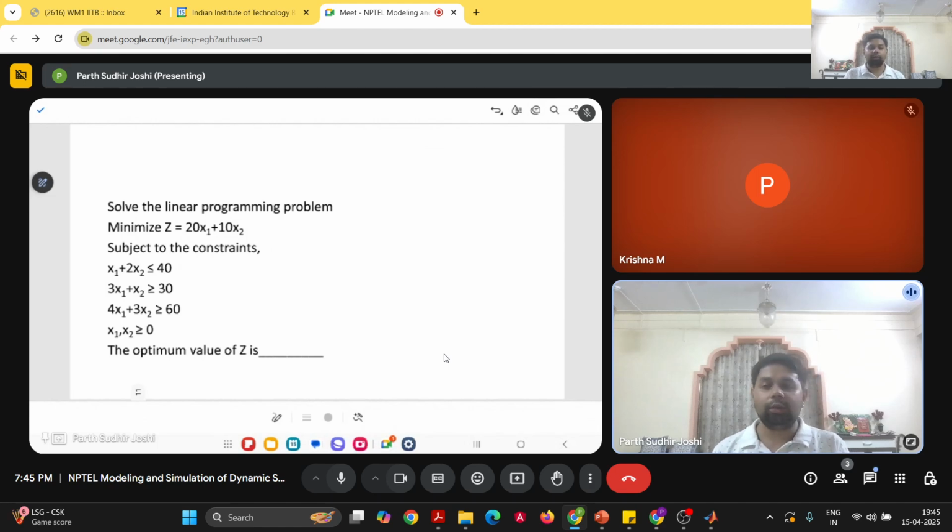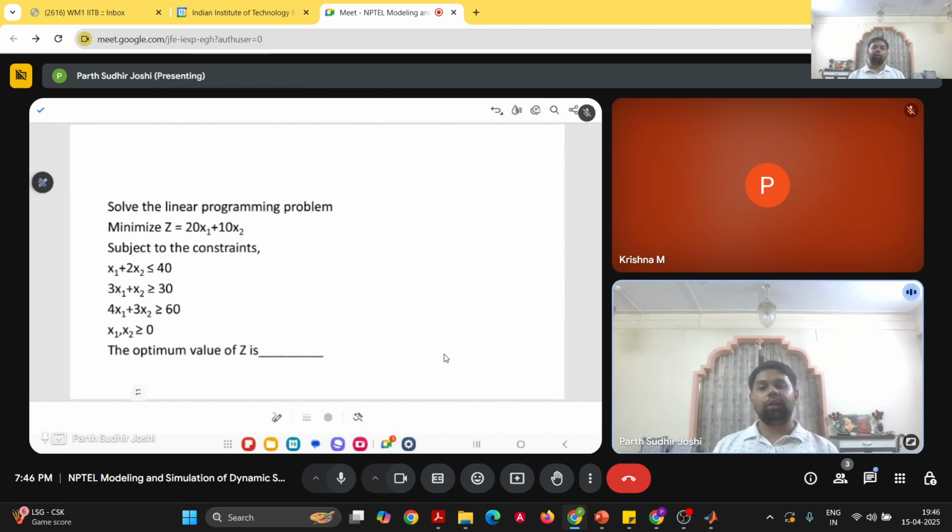So in the next question we have been given a linear programming problem. The objective function is minimize z is equal to 20 x1 plus 10 x2, subject to the constraints x1 plus 2x2 less than or equal to 40, then 3x1 plus x2 greater than or equal to 30, and 4x1 plus 3x2 greater than or equal to 60, and bound constraints x1 and x2 greater than or equal to 0.